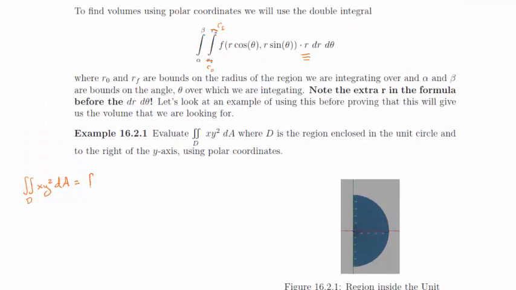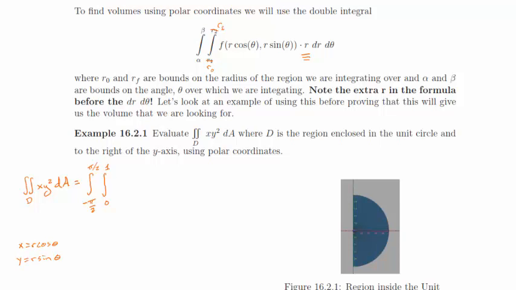So the integral over the angle, like we said, from negative pi over 2 to positive pi over 2, and then our radiuses that we're integrating over are from 0 to 1. And then what we want to do is f of r cosine of theta, r sine of theta. So in for x, we put in r cosine of theta, and in for y, we put in r sine of theta.